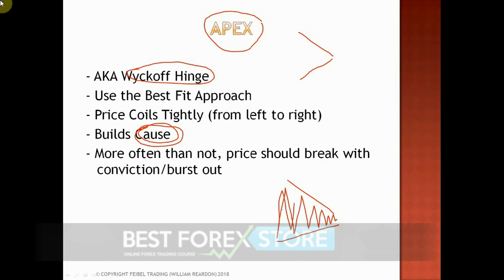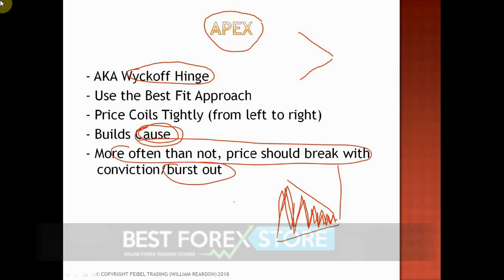As we pump up and down, price tightens and coils, and we gain energy. Therefore, it builds cause, and then we break out, burst out. I'm sure if you've been trading or studying charts, you've seen this pattern many times, and it will often result in a break up or down sharply.